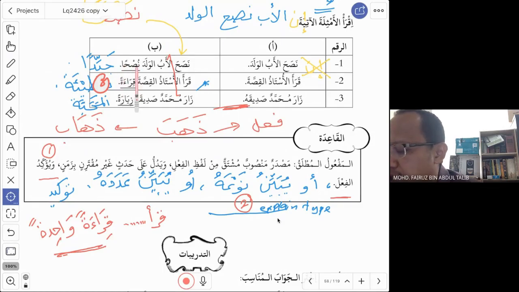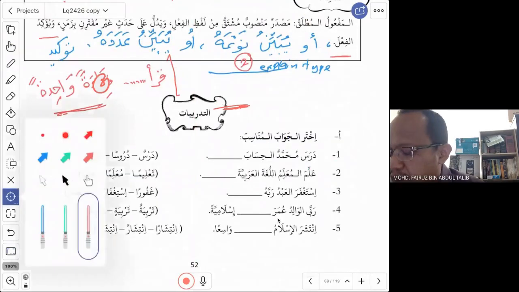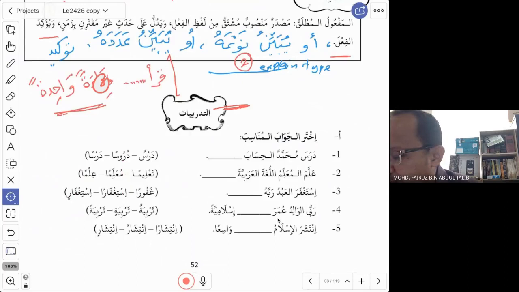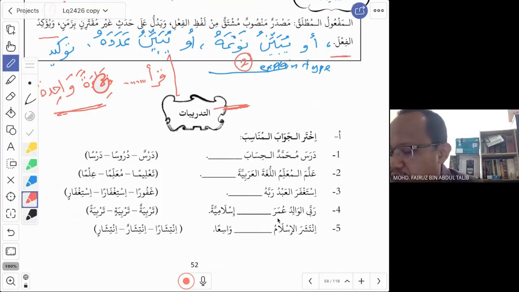But when you want to explain the type or the number, then yes, you can change to musanna or jama'. But at the moment, we just focus on the first one, tawkid. Normally you use the singular, the mufrad word. So there is no need to change to jama' durusan. We just use the mufrad word, which is dars, ending with a fathah, darsan. So this is the correct answer for the first jumlah. Al-jumlatu thaniyah.